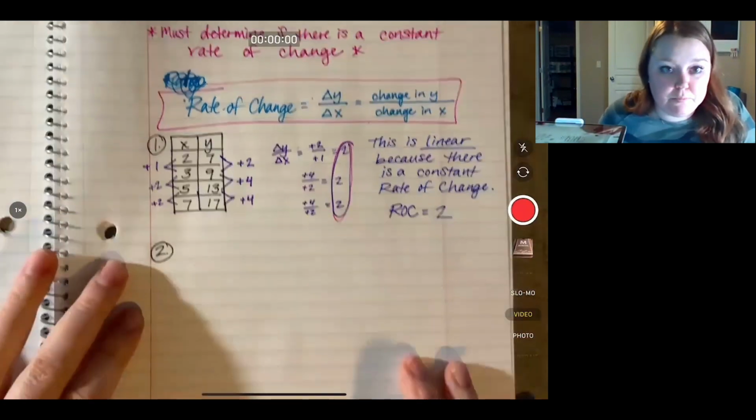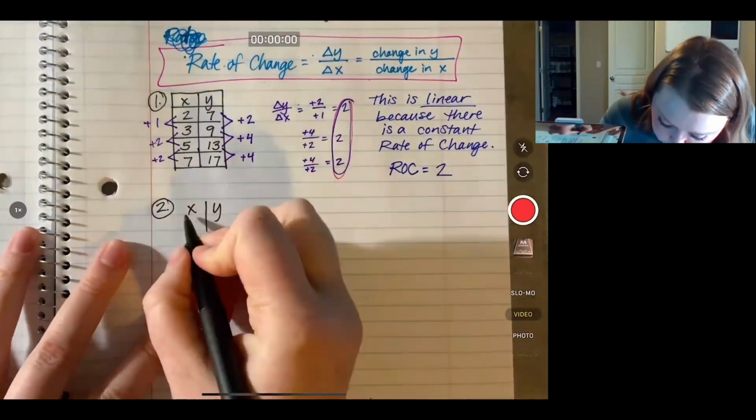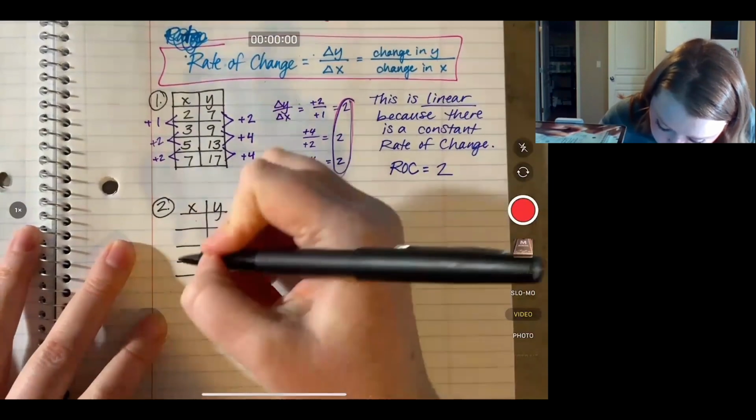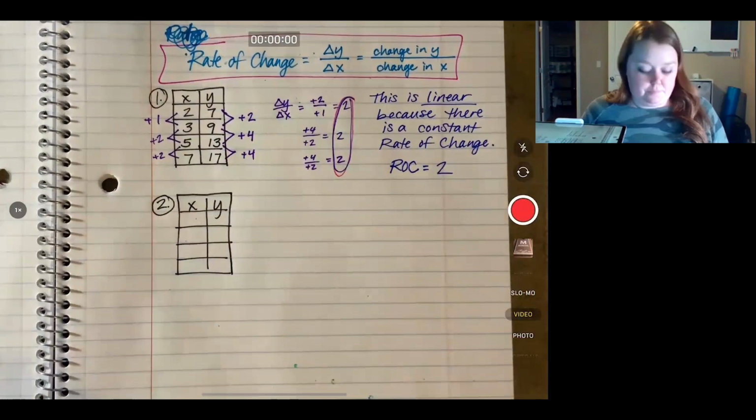Here's number 2. Set up your X, Y. Let's put 4 values in there. All right.